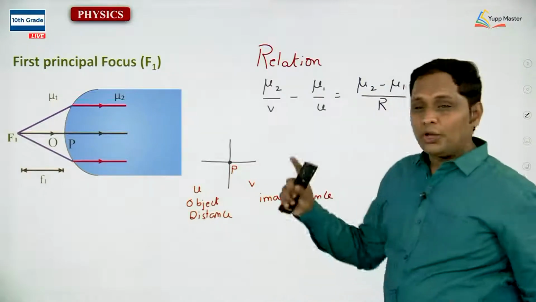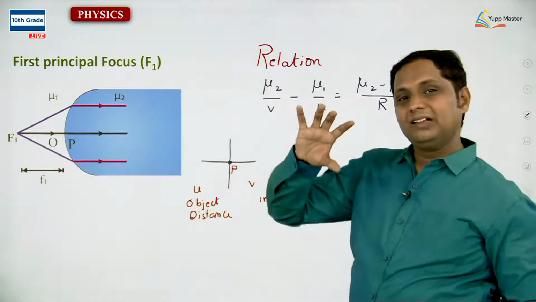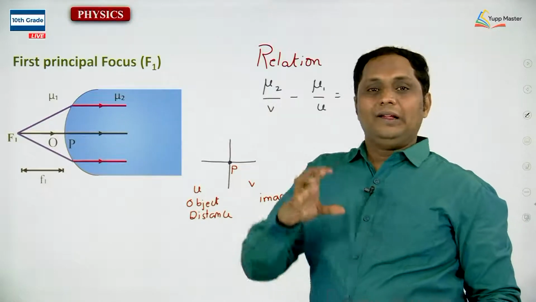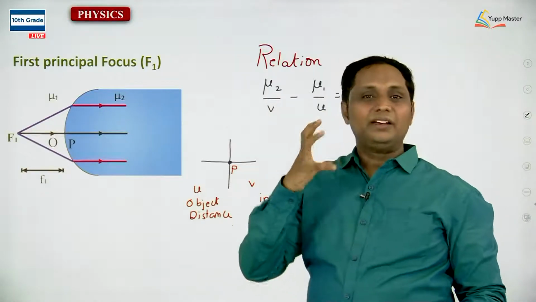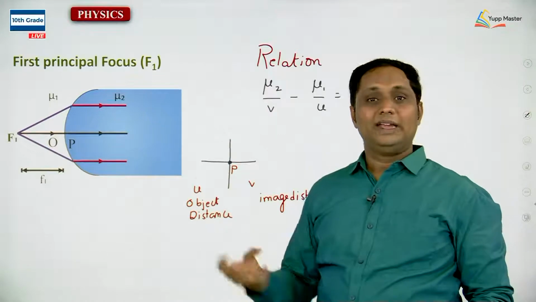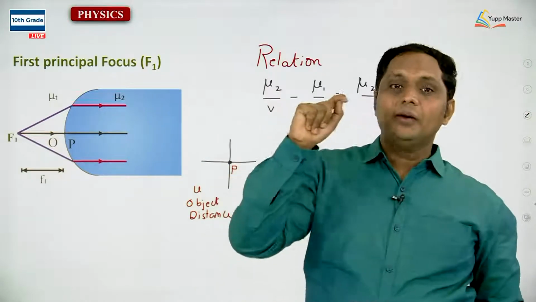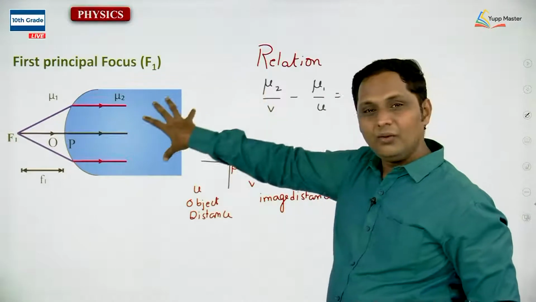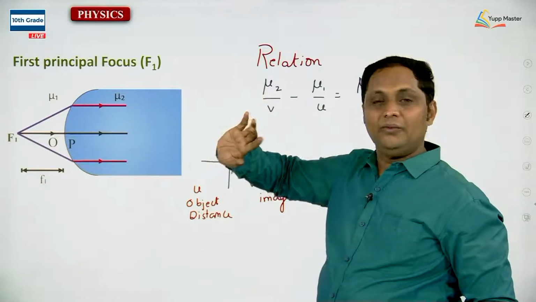While you are talking about the formation of image, the refracted light rays can form the image at a particular point depending on their position, where they will meet.